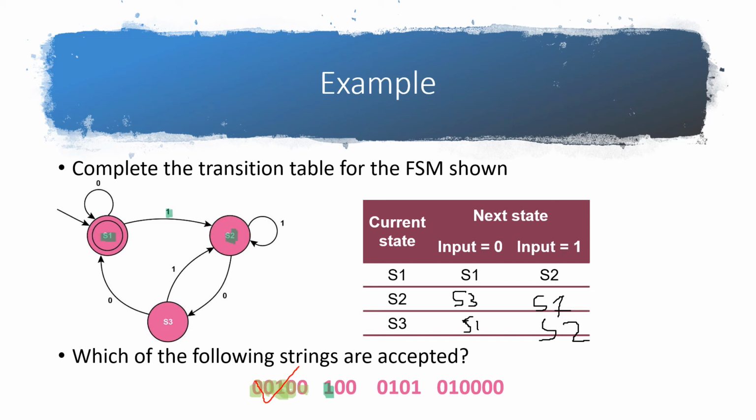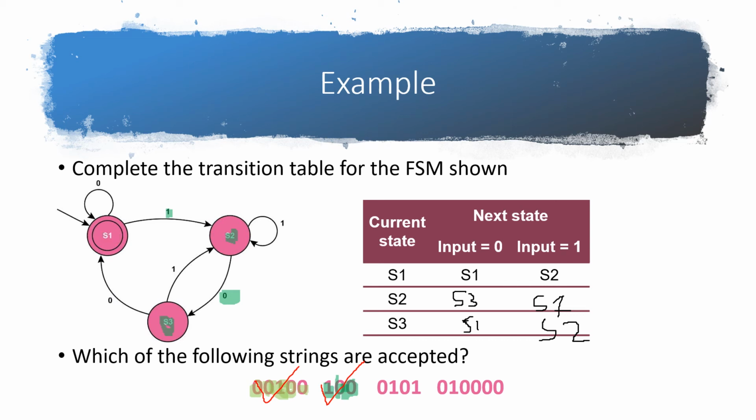So we have got a 0, and that's going to use this transition here to get onto S3, and then the last 0 is going to use that transition, and we're going to get back to S1. Right, so we can say that that one is correct. That was definitely correct as well.